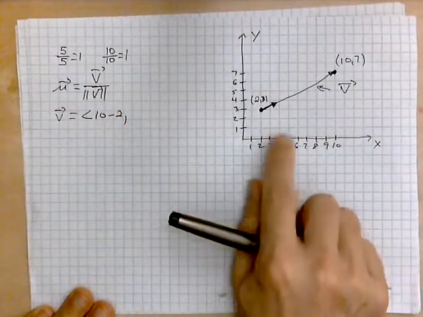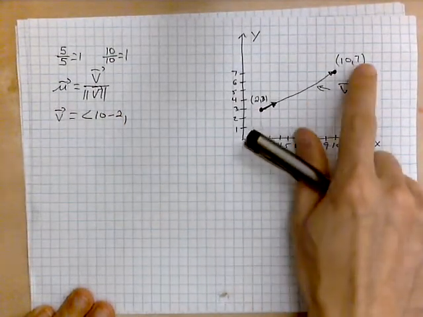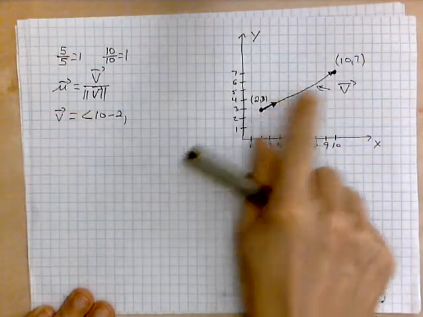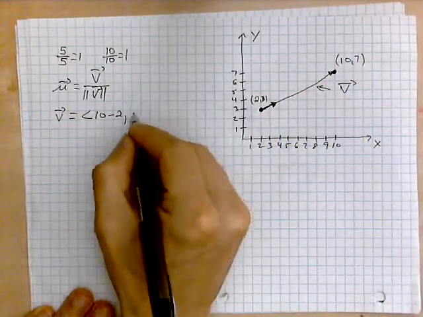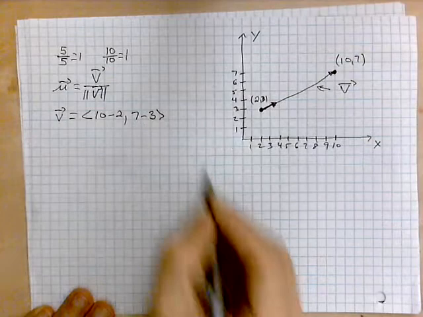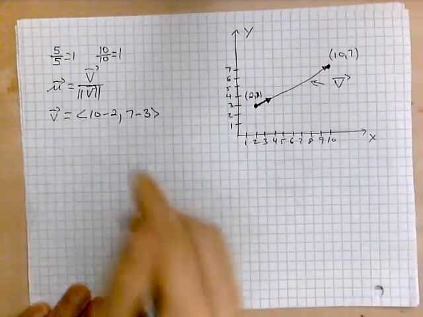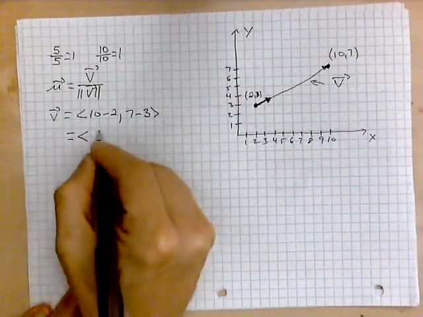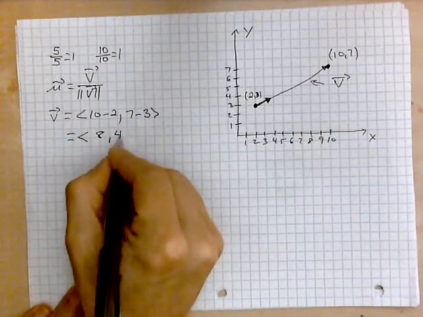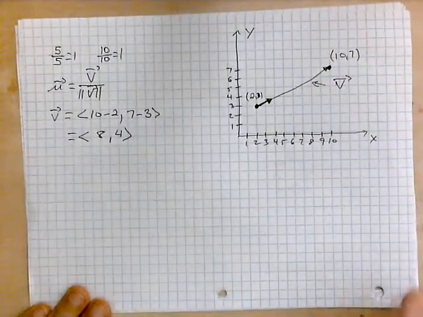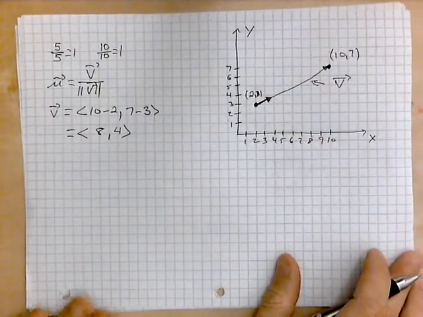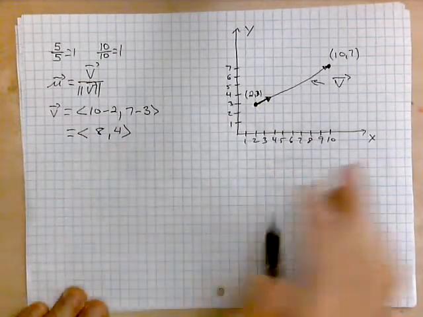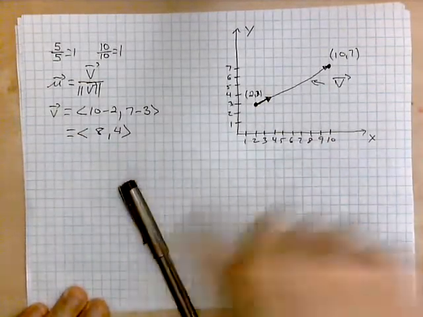And then to find the y component of vector v, you take the difference of the y's between the 2 points. So that's 7 minus 3. Which means now we have the following. 8 and 4. So these are the components of our vector, and they represent the following.